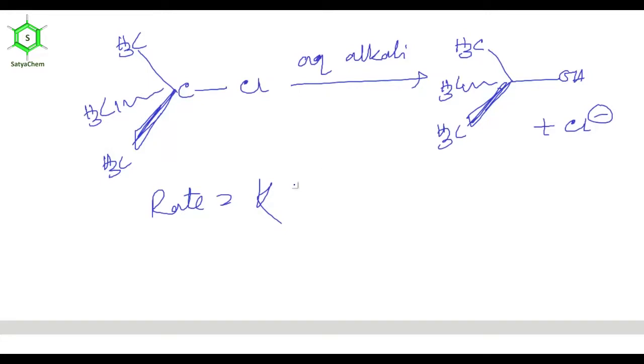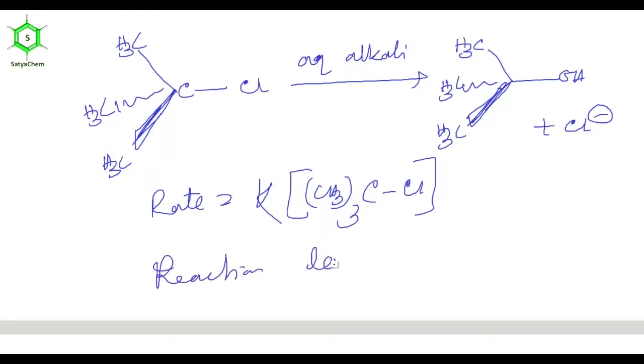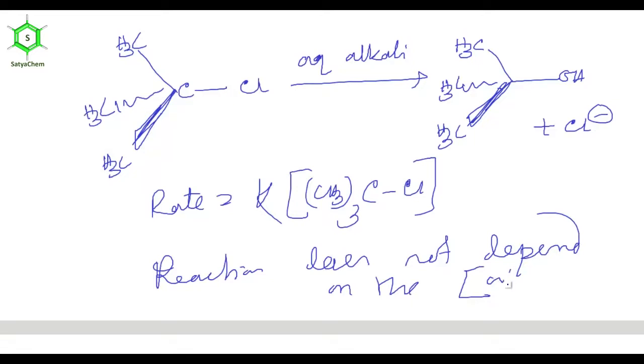rate = k [tertiary alkyl halide]. So here the rate is independent of the concentration of aqueous alkali. That is a very important thing. The reaction doesn't depend on the concentration of alkali.